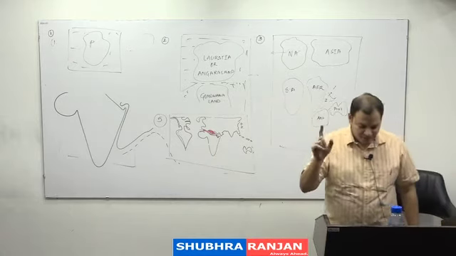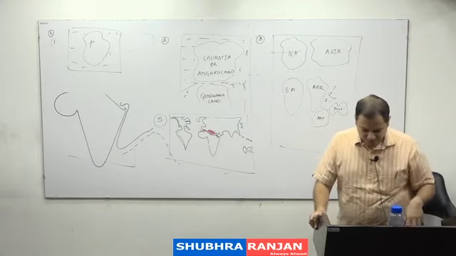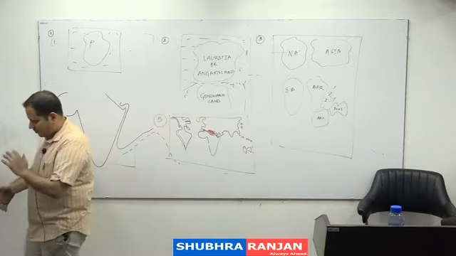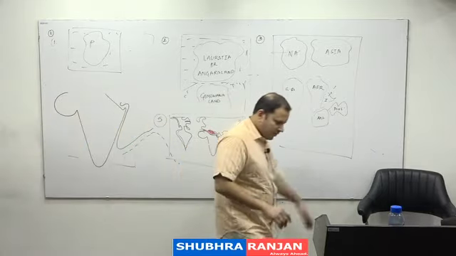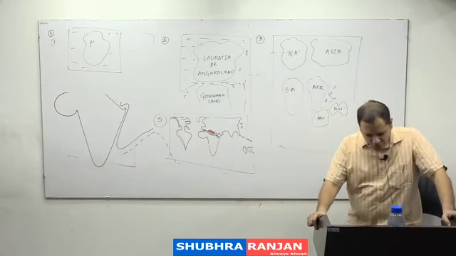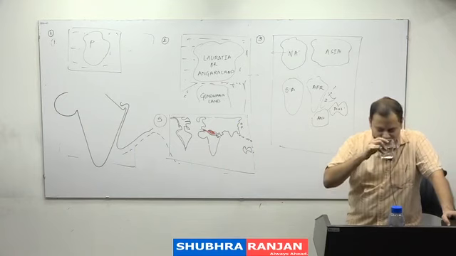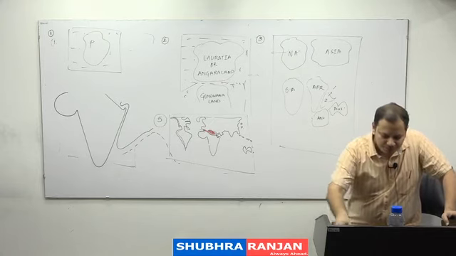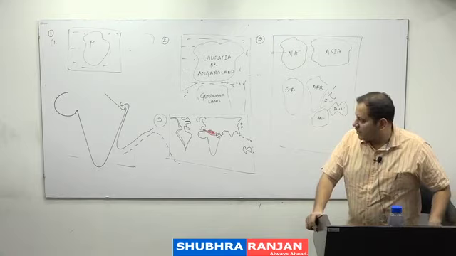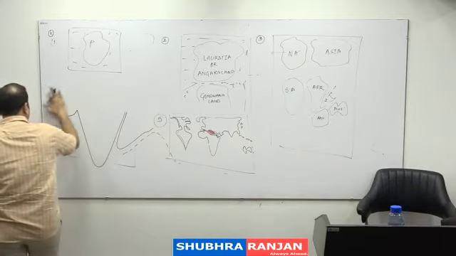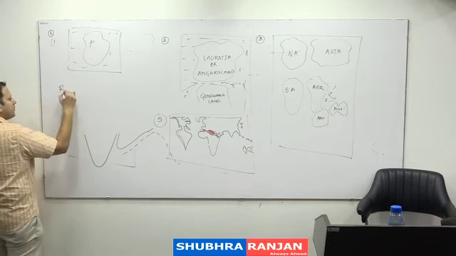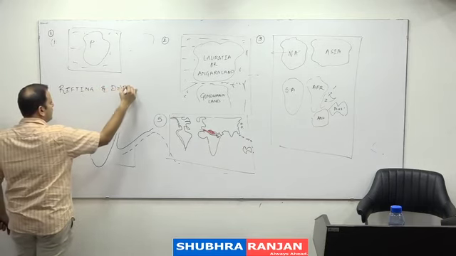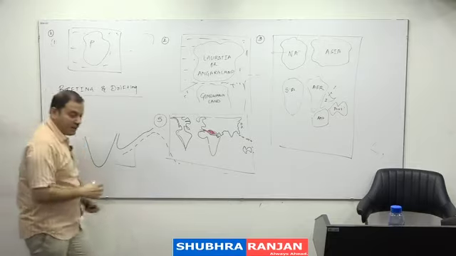So first we'll write his theory. Wegener's continental drift theory talks about rifting and drifting of the continents.